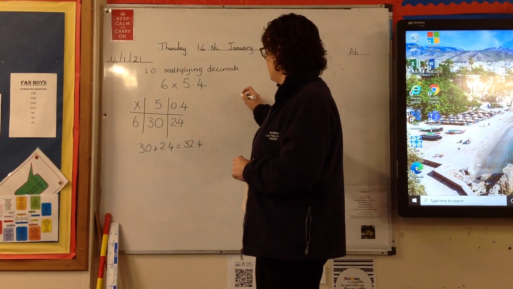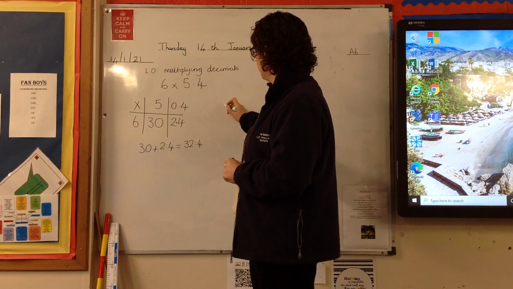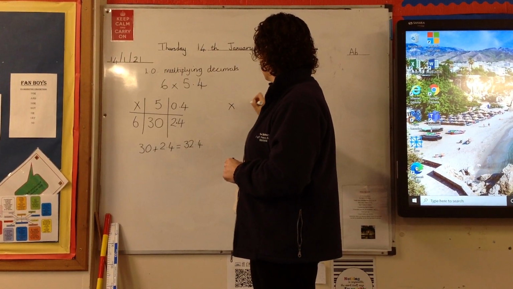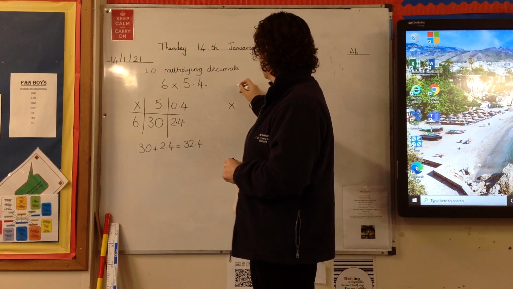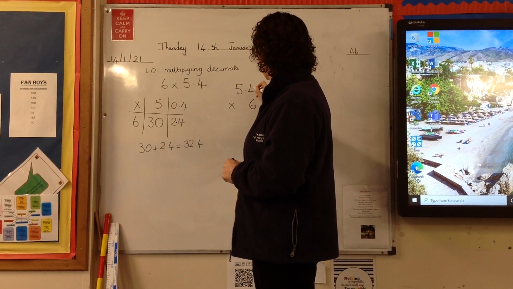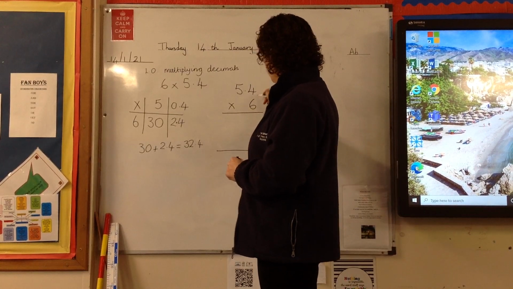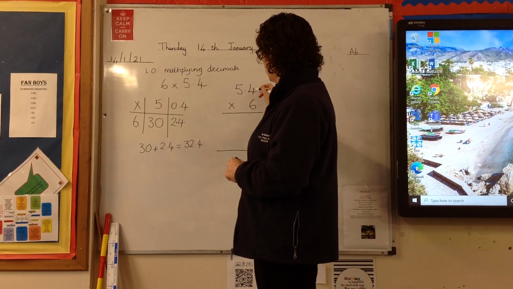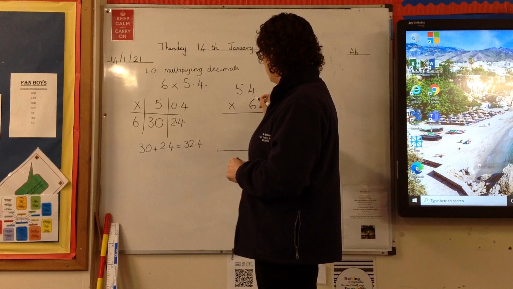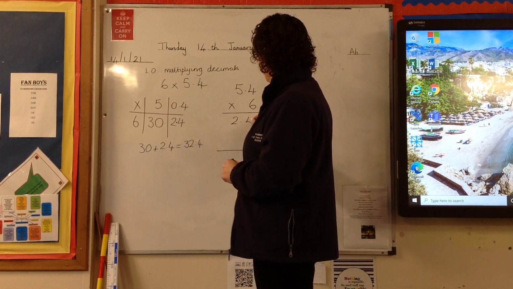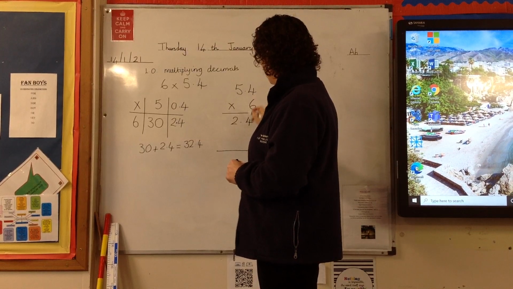Okay. Then, the expanded method. We do 6 times 0.4, which we know is 2.4. And then we will just do as normal.